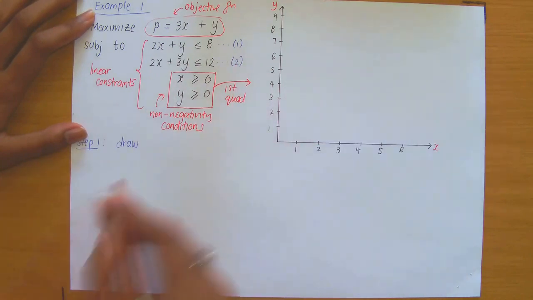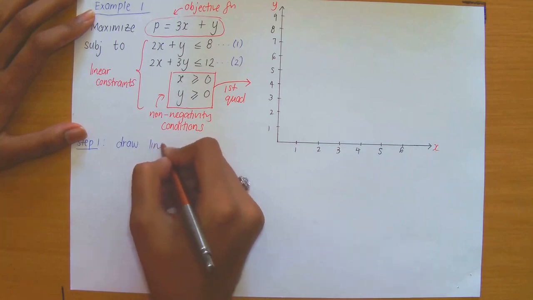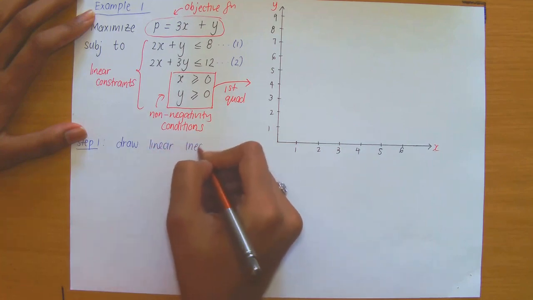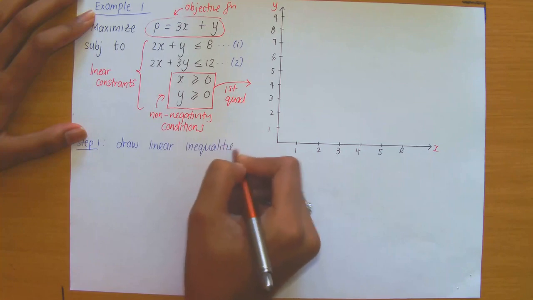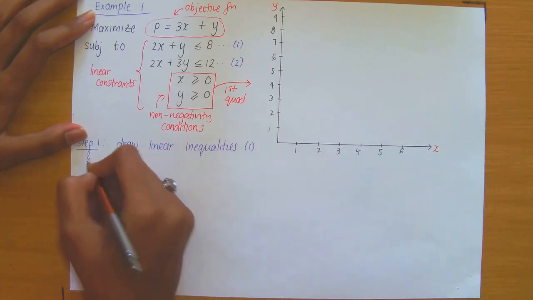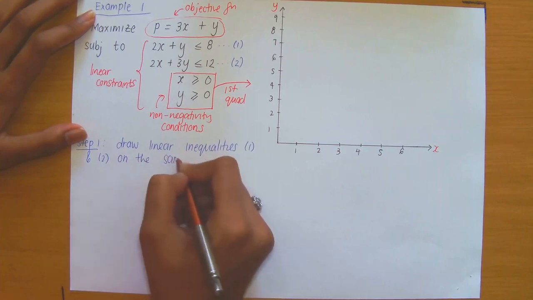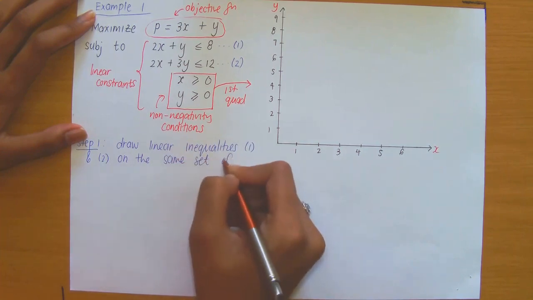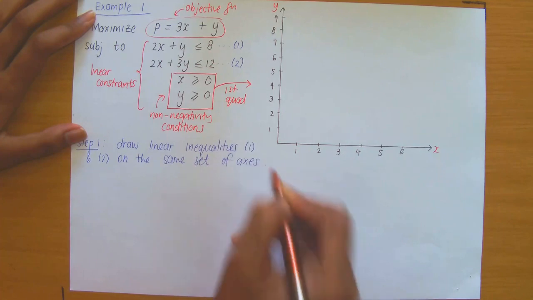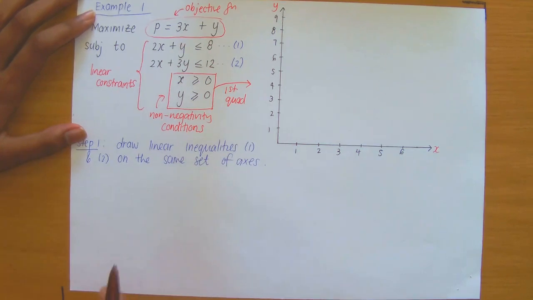So we will draw linear inequalities 1 and 2 on the same set of axes.